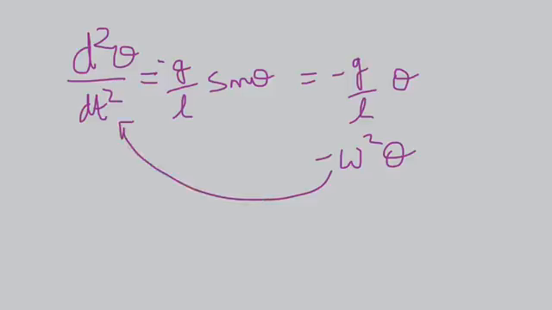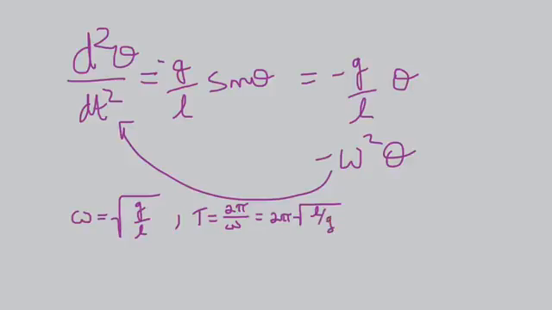Okay, so if we do that, that just means that omega equals the square root of g over L, and the period of our pendulum is equal to 2 pi over omega, or it equals 2 pi square root of L over g.